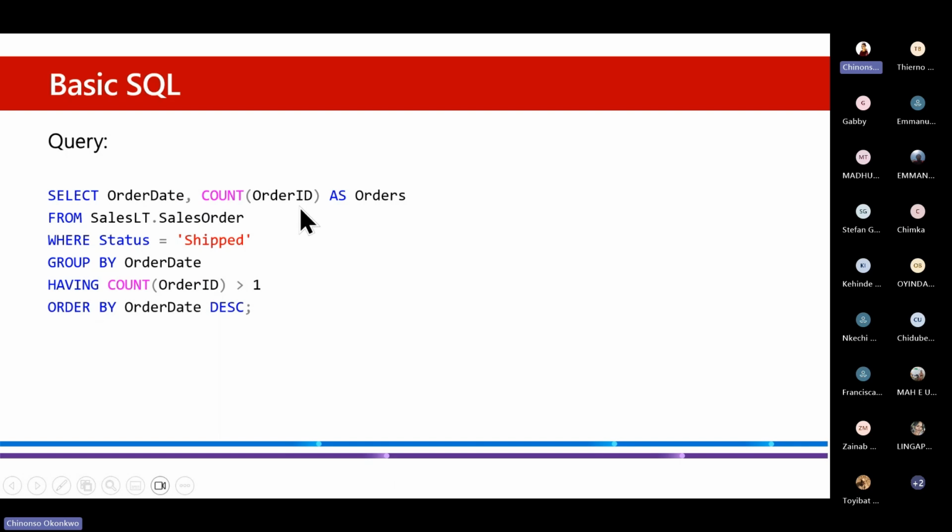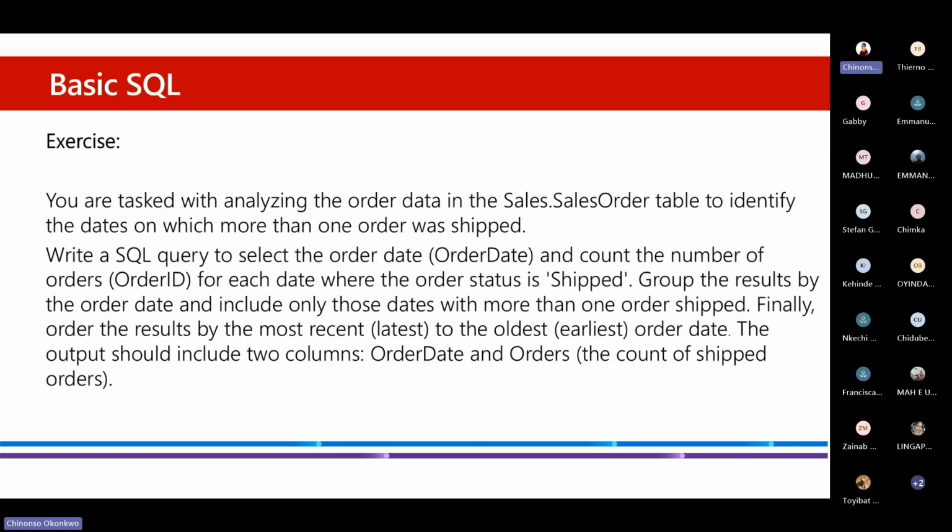Now, why am I choosing order ID? They told me to count the number of orders. In some cases, order ID might not even be mentioned, to make it easier for you. But in the orders table, there is always a unique identifier. Every table has a unique identifier, something that stands in, just like a serial number, or in schools, your unique registration number.